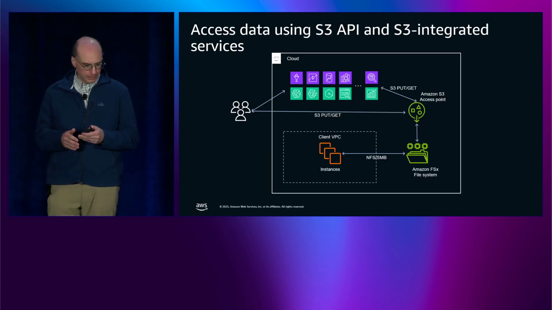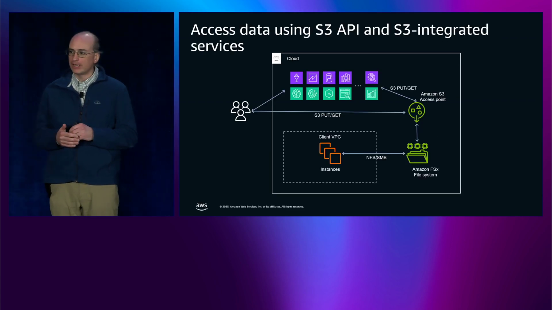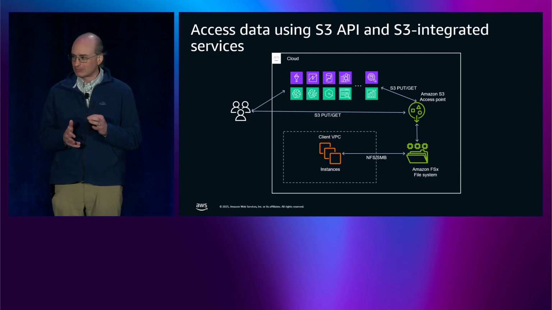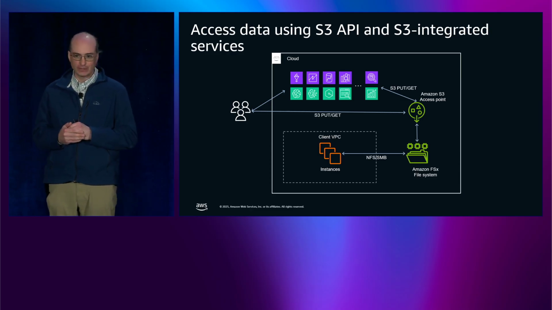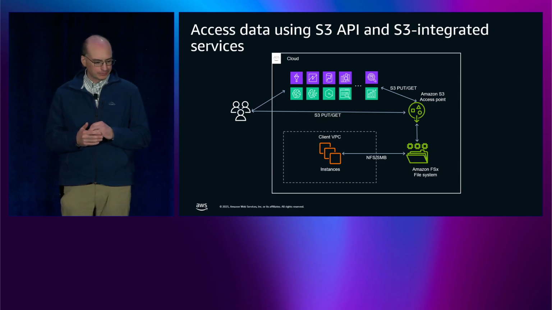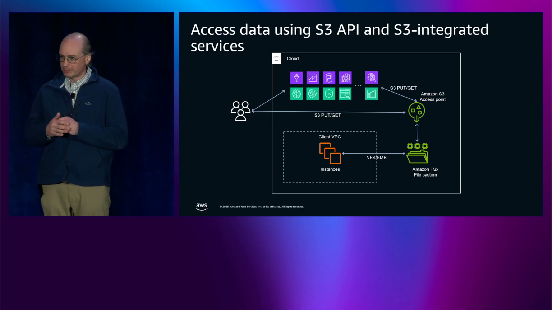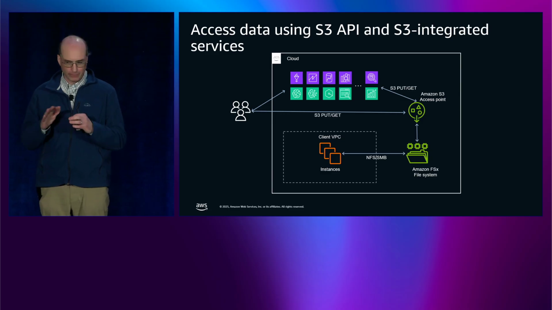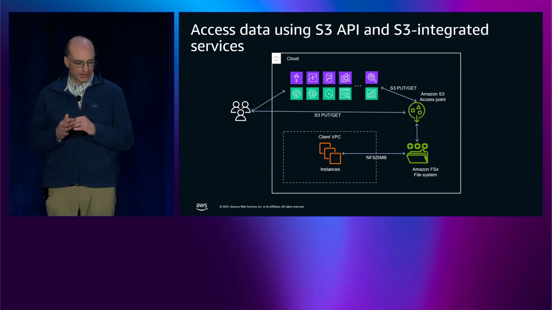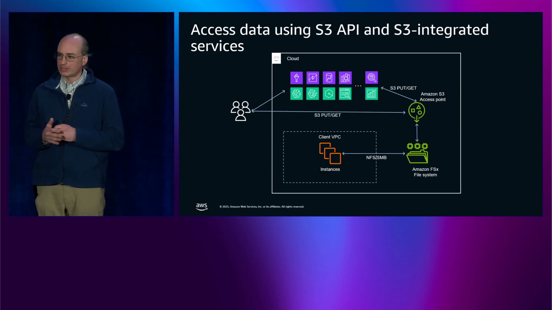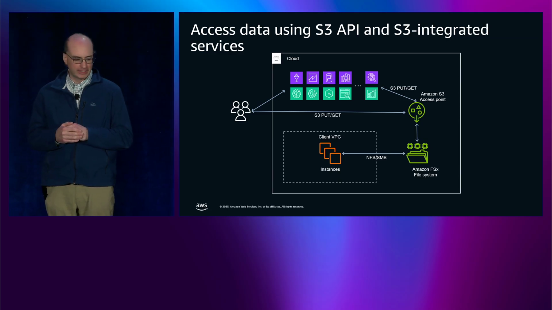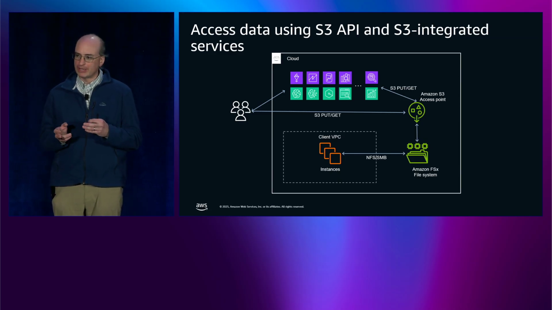So then the new pieces that we're going to add here are creating an S3 access point for this file system. And this starts letting you do a couple new things that weren't possible before today. As part of this setup process, which we'll go through in some more depth in a minute, with a demo, I want to walk through what all these steps are. When you create an access point, one of the things that happens as a result of that setup process is you get an alias for the name of that access point.